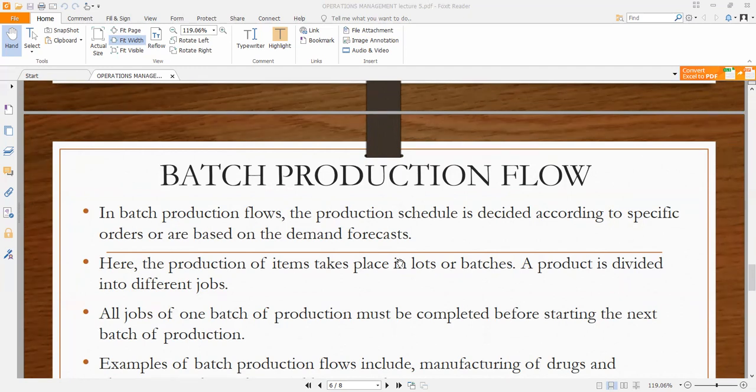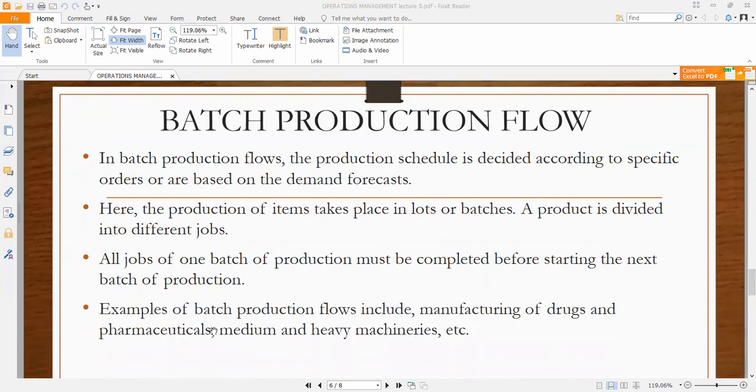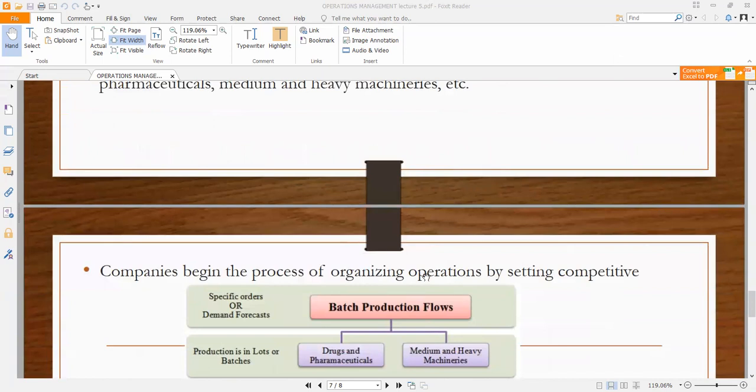They are going to manufacture a certain flavor at a given time, unless they grow to some extent where they have branches, where this branch is just manufacturing fruity, and another is manufacturing another flavor, if it's orange, mango, different. Examples of batch production flows include manufacturing of drugs and pharmaceuticals, medium and heavy machinery, etc. Those are examples of the batch production system flow.